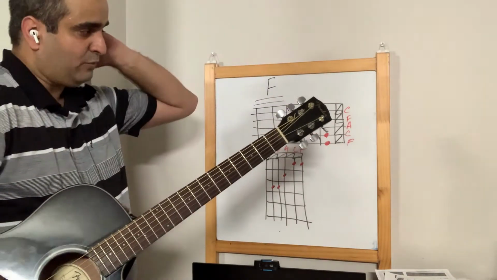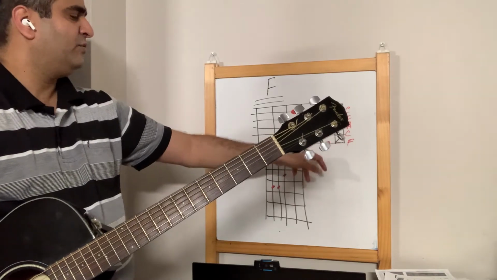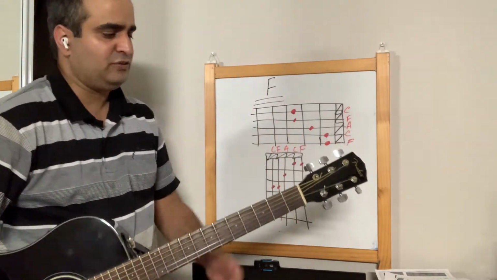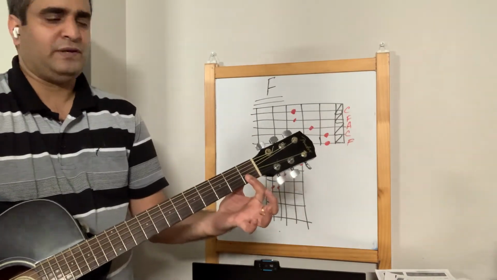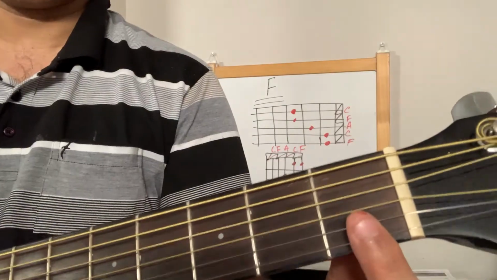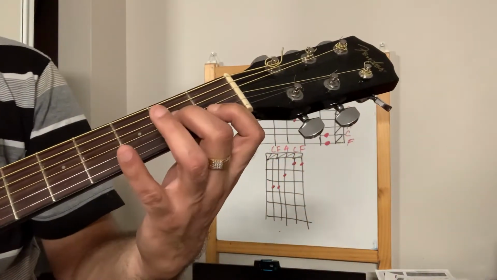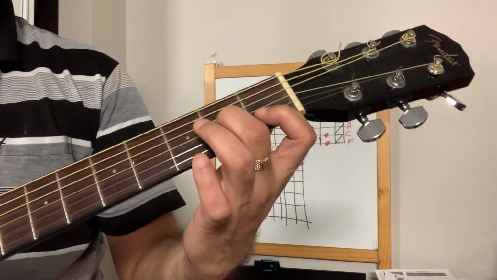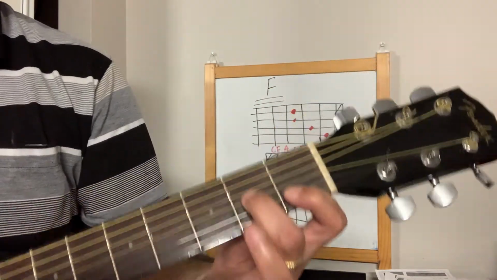What you could do is, my first string and 2nd string are using the same fret, which is 1st fret, so I can use my 1st finger to cover both. Here I'm pressing both 1st fret of 1st string and 2nd string together. Then I use my middle finger, 2nd finger, to press the 3rd string 2nd fret.